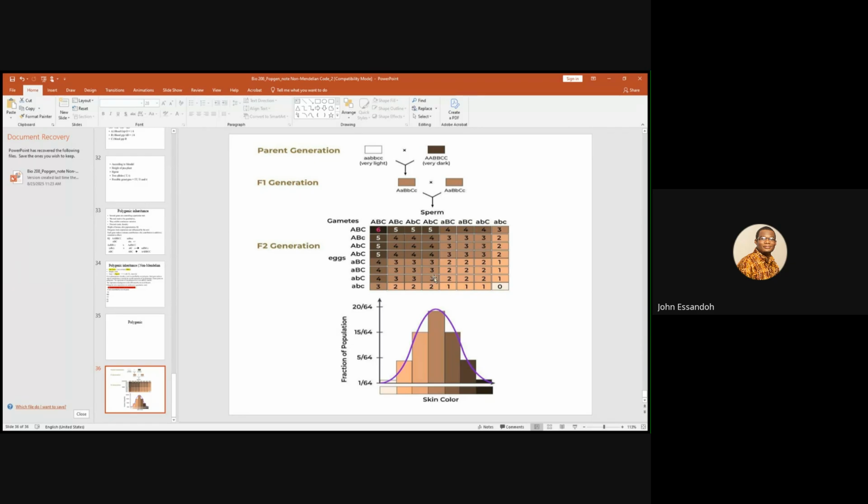But the probability of giving birth to this skin color, like category 2, is very high, and then category 3, and then category 4. The probability of having kids in this regard is very, very high. Okay, all right, great, good.